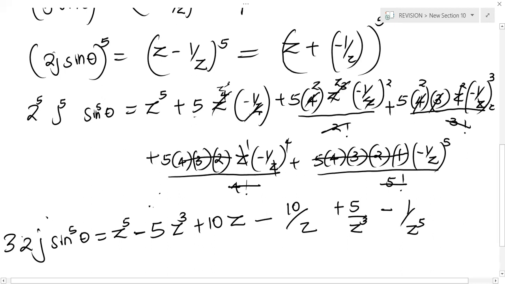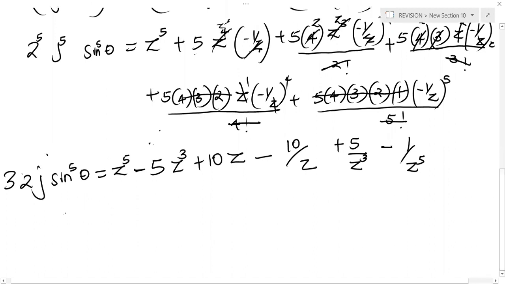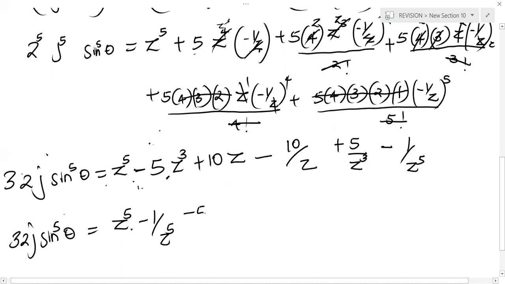Now I am going to regroup the ones that have power 5, power 3, power 1, put them together. So I have here 32j sine raised to power 5 theta is equal to z raised to power 5 minus 1 over z raised to power 5, because I know this will give me some sine function. Then I take this and this, so I have minus 5z cubed plus 5, all this divided by z cubed.